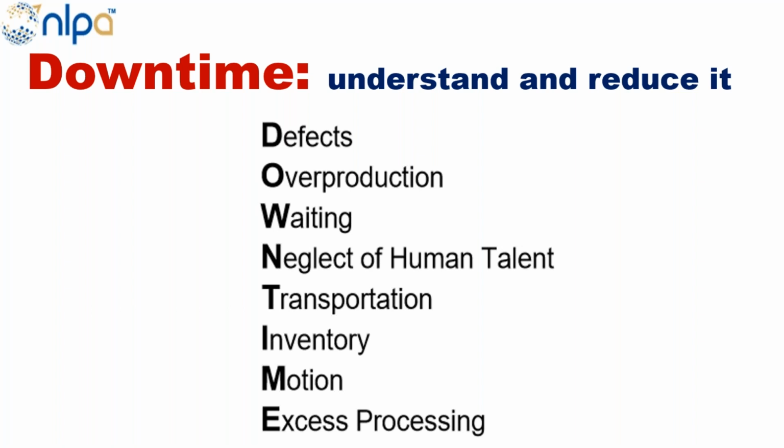Neglect of human talent is another waste. Unnecessary transportation in our supply chain is another form of waste. Unnecessary inventories, motion, and excessive processing. Excessive processing, touching something more than necessary.